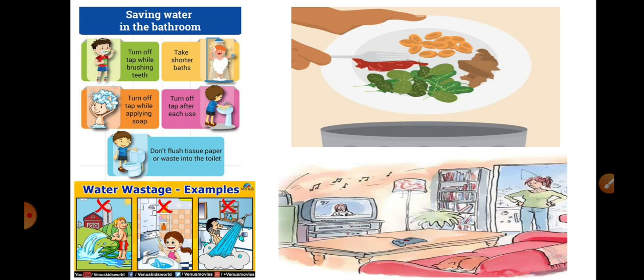Then in the room, all the electric gadgets are on: TV is on, lights are on, fans are on. So don't do this. If you are leaving a room, in school also we always tell you, when you are leaving a classroom, you should always switch off the fans and lights. Why? Because this saves electricity.